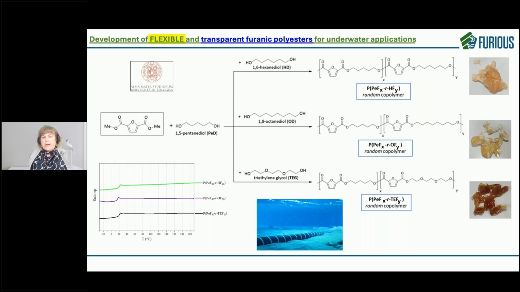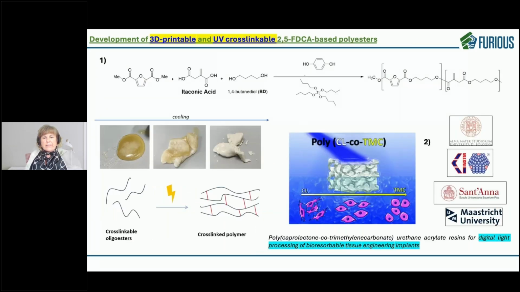We need to prepare polymers that are flexible and hydrophilic, so they can work well in underwater conditions. We prepared three different copolymeric systems you see in this slide. In this case, we also want a new polymer that can be 3D printed or UV cross-linked.